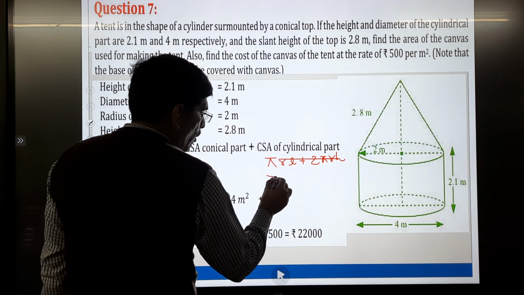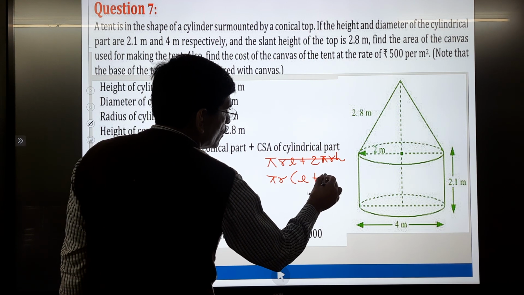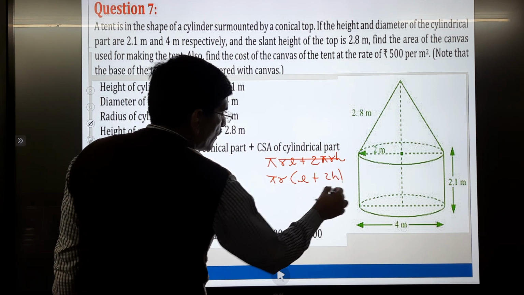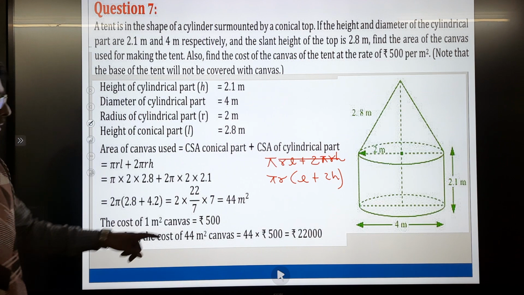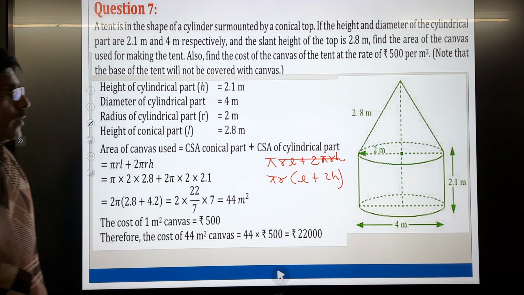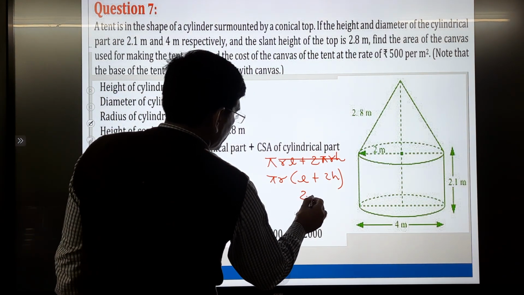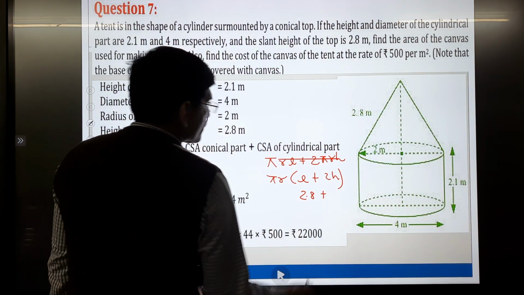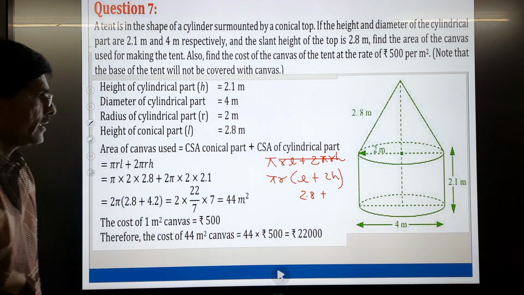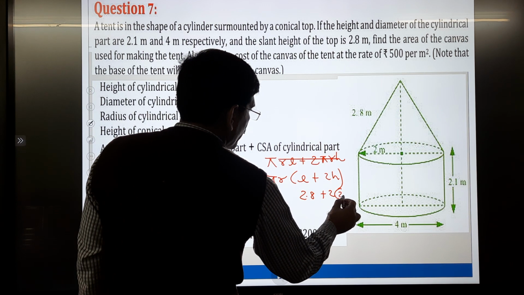Now we have to make pi R common. So it is easy to solve. Pi R in bracket L plus 2H. So L is already here 2.8 plus twice H, that is 4.2, we can say 2 into 2.1.